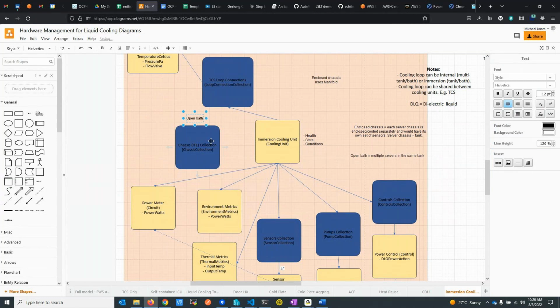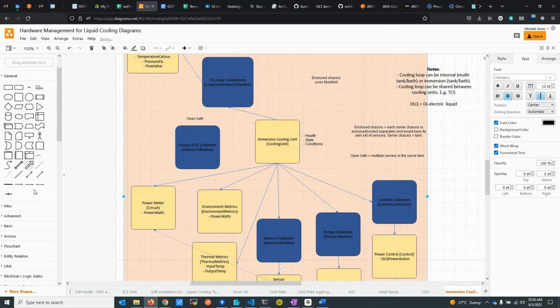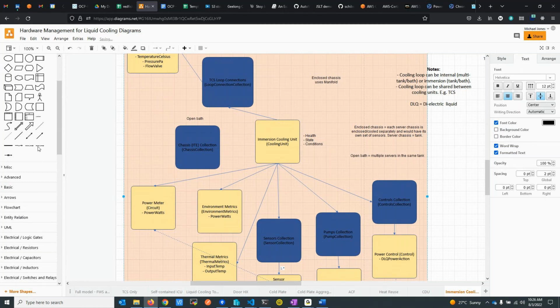I will, as usual, clean this up afterwards. I'm just trying to get all this captured as we go along.